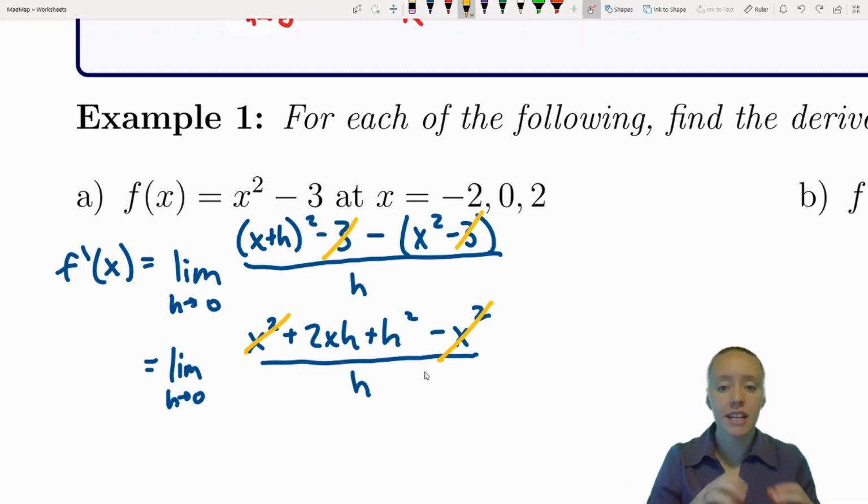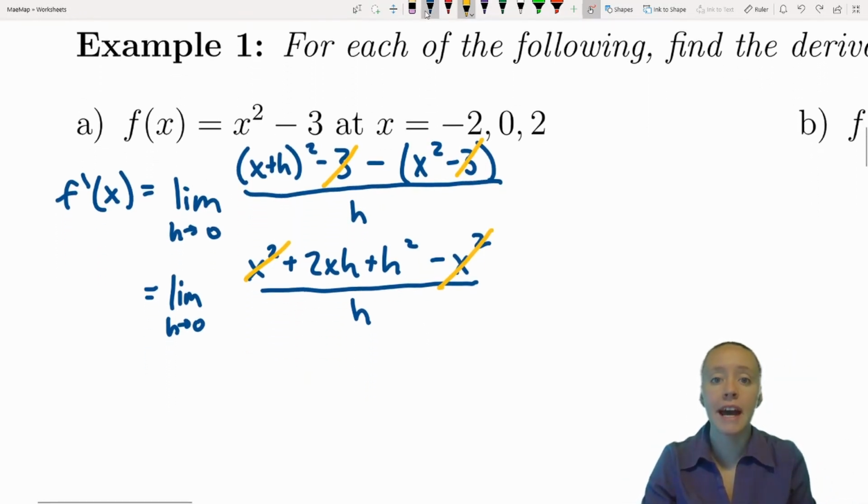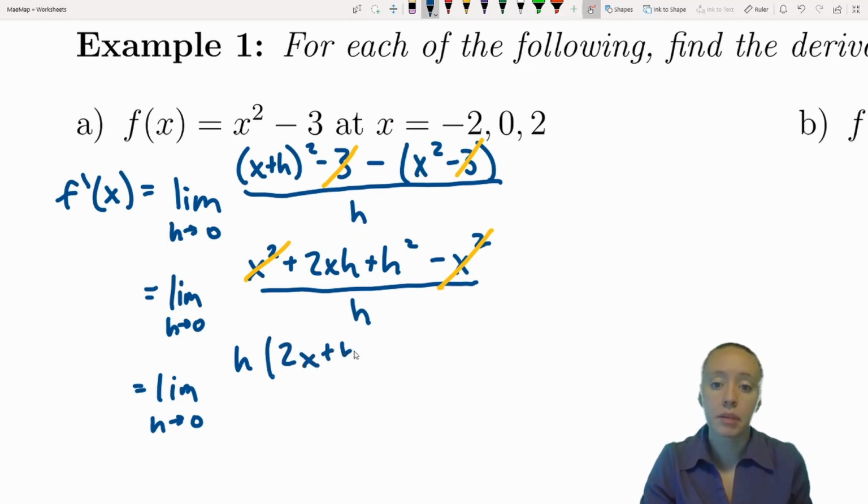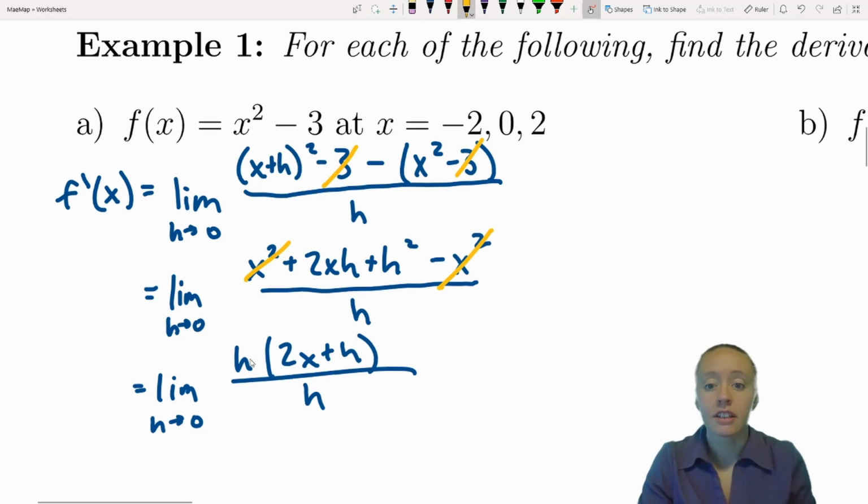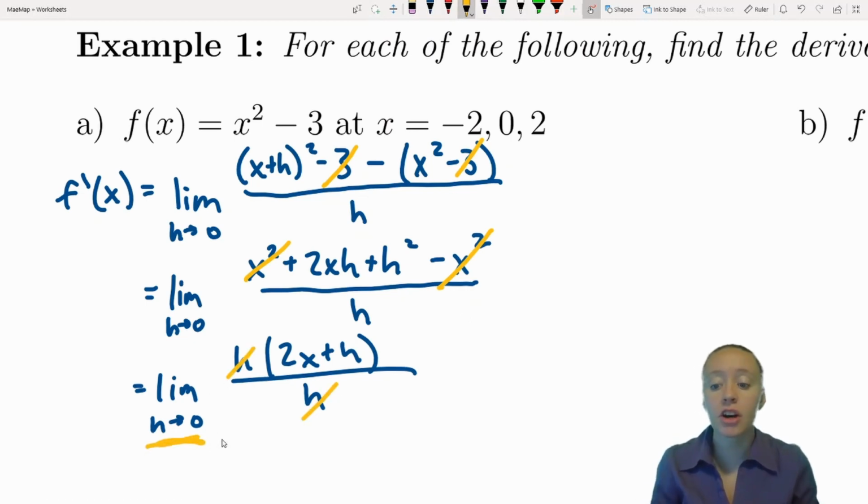So I'm going to rewrite this so you can see how the h will get canceled out. So we're going to have the limit as h approaches 0 of h times 2x plus h, and that's all over h. Now look, h cancels out, I can plug 0 now right on into my limit.